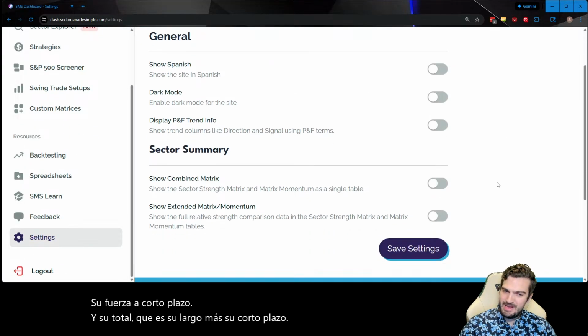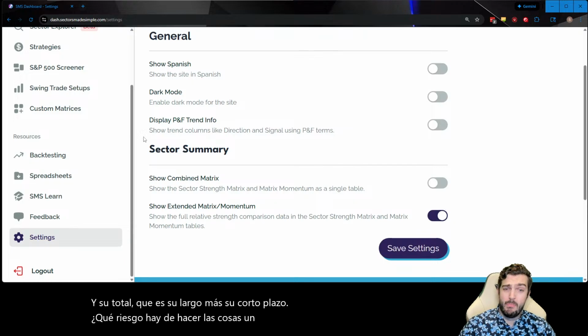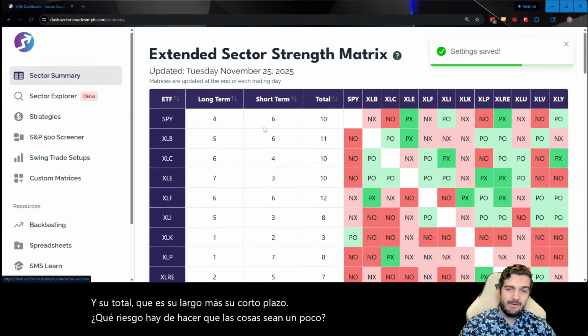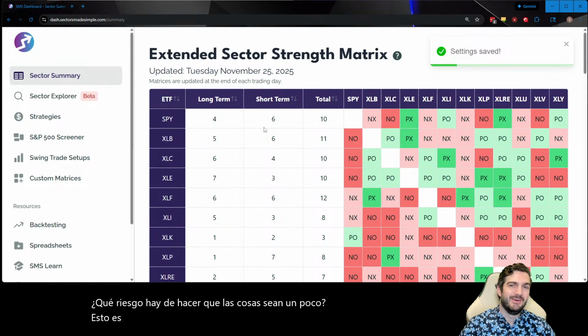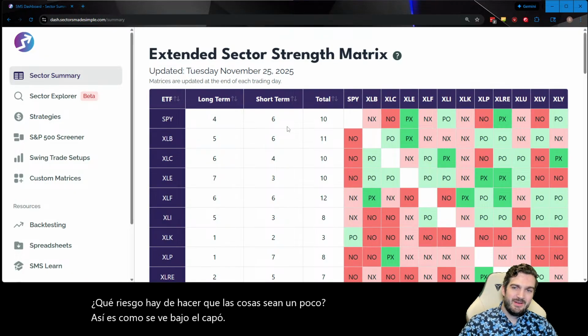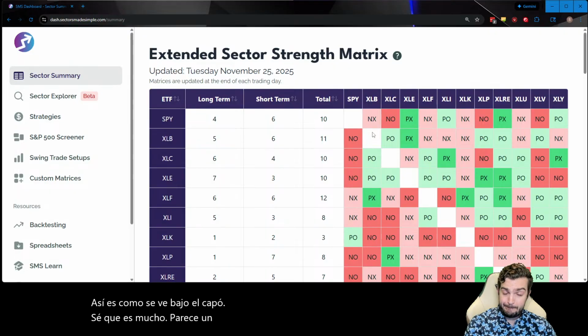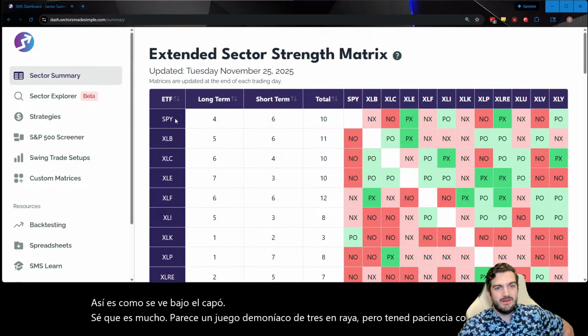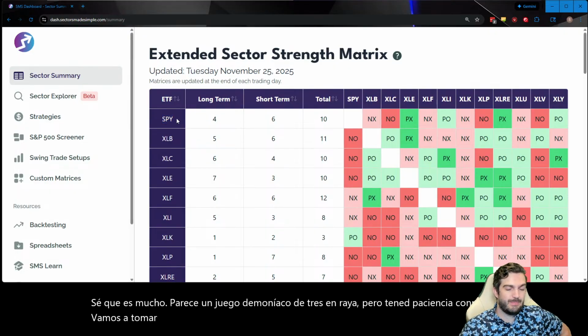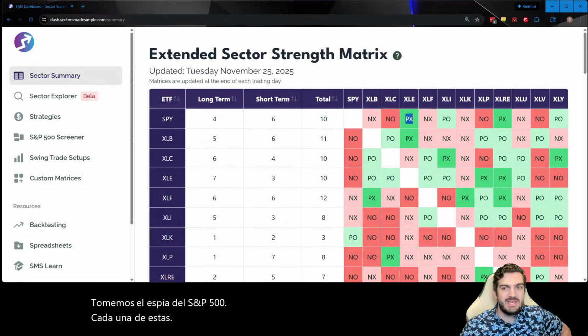With the risk of making things a little bit more complicated, here's what it looks like under the hood. I know it's a lot. It looks like a demonic game of tic-tac-toe, but bear with me. Let's take the S&P 500 SPY. Each one of these, NX, NO, PX, is the relative strength chart for SPY compared to XLB.